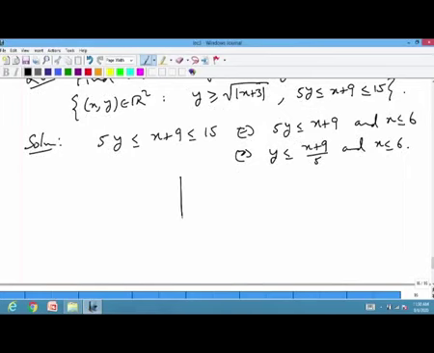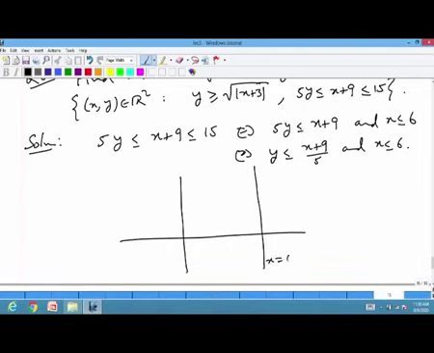So, this region: we have x equal to 6 and y equal to (x plus 9) by 5 is the straight line. This intersects x equal to 6. If we put x equal to 6, then y is (6 plus 9) which is 15 by 5, which is 3.